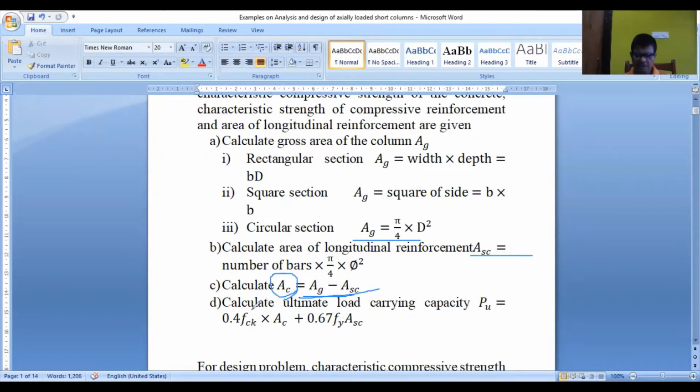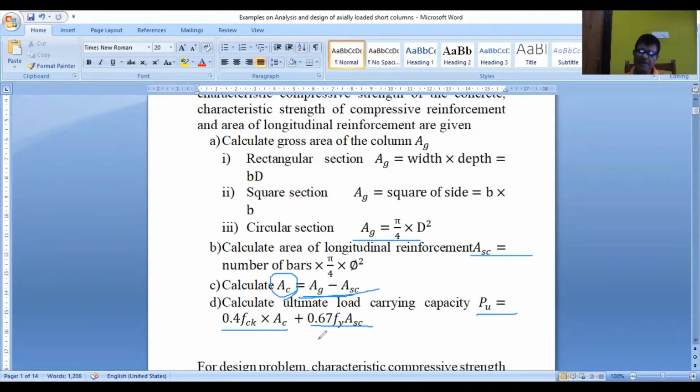Then, as for the page number, you can now go to page number 71. On page 71, the load carrying capacity of the axially loaded short column is given. That is Pu is equal to 0.4 fck into Ac plus 0.67 fy into Asc, provided they satisfy the minimum eccentricity criteria.